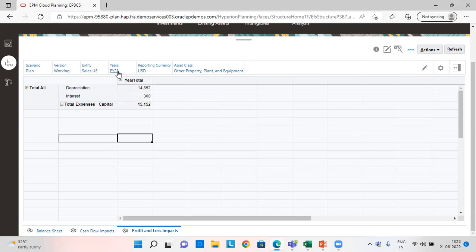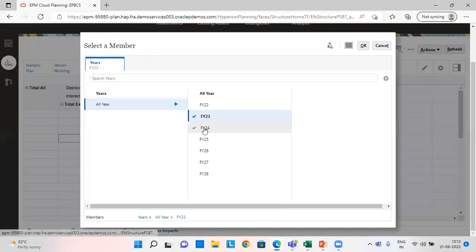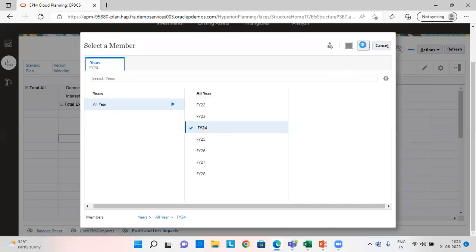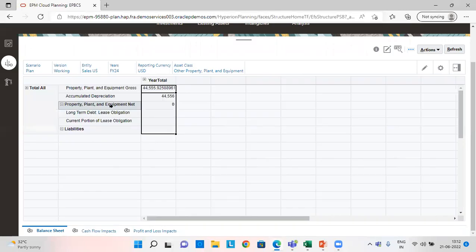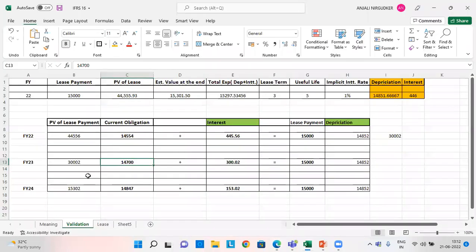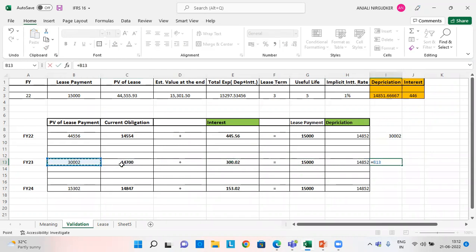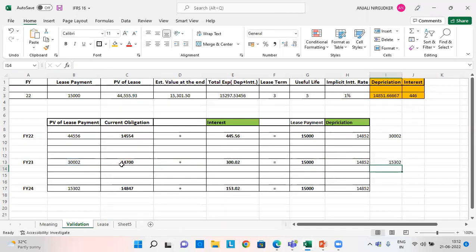The same process applies for FY24. Let's check the figures of the balance sheet. At the end of FY23, the remaining amount to be paid is 30,000 minus the current obligation of 14,700, which is 15,302, the balance over here.